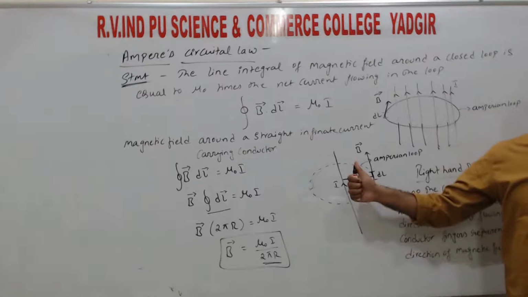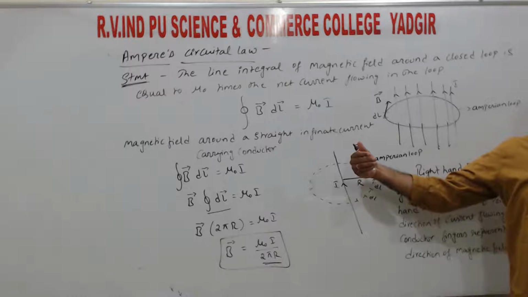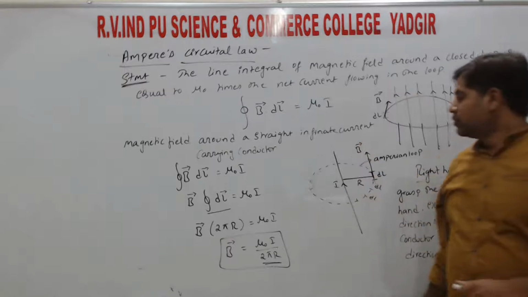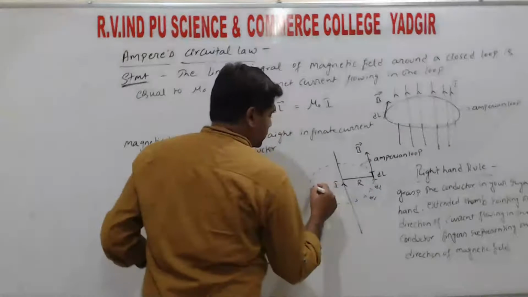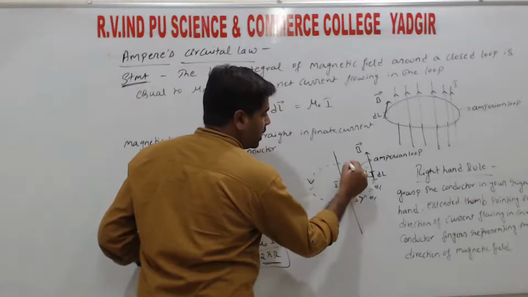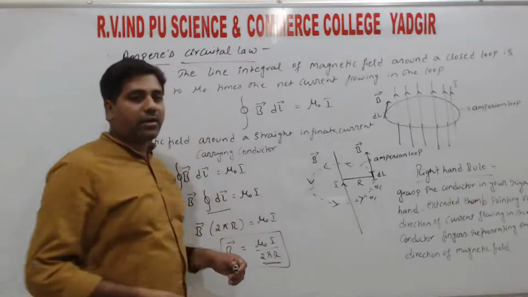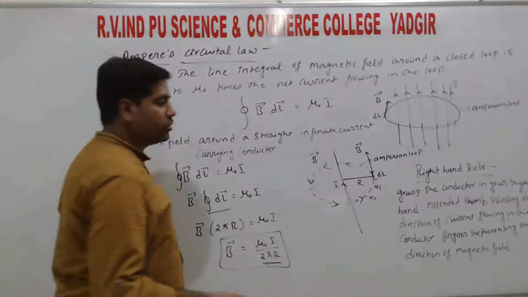If we hold the pen in the right hand, the tip of the pen represents the direction of the current and the remaining fingers represent the magnetic field, right? So holding it like that, we get the direction of the magnetic field. This magnetic field is always tangential to the surface.